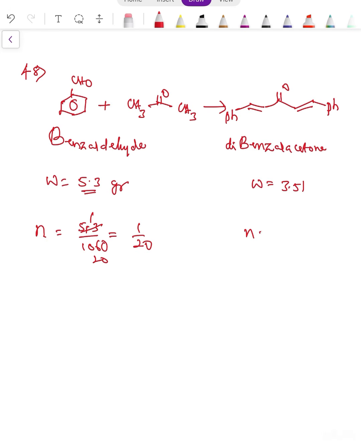And here 3.51 by the molecular mass of dibenzalacetone, 234, equals 0.015 moles. And here 1 by 2 is nothing but 0.05, that is 1 by 20.